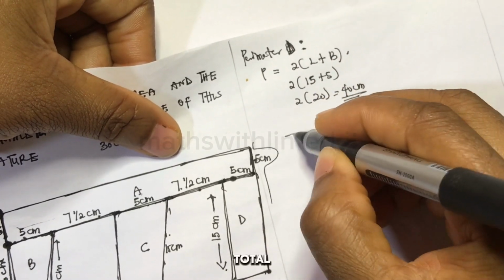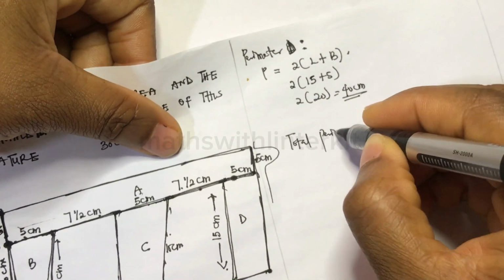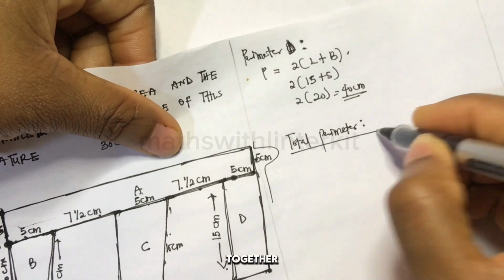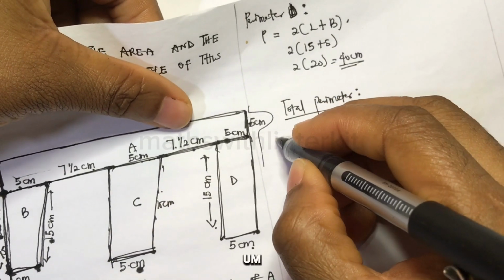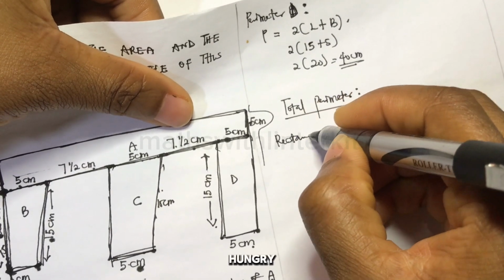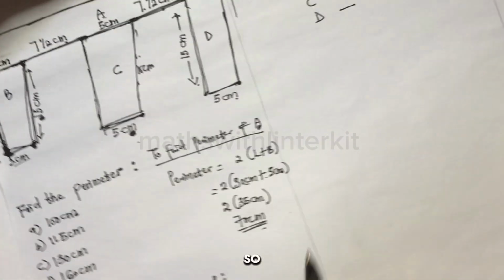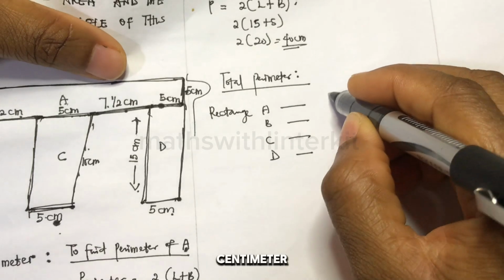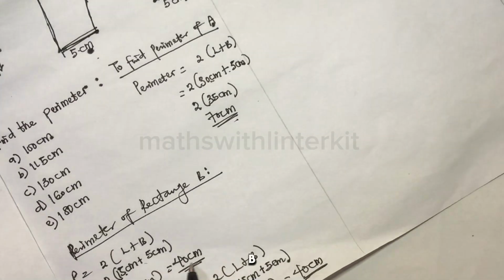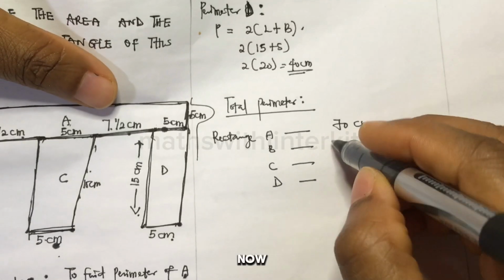So to get your total perimeter, that should be rectangle A, B, C, and D. So for A is 70 centimeter. For B, C, and D, they are 40.